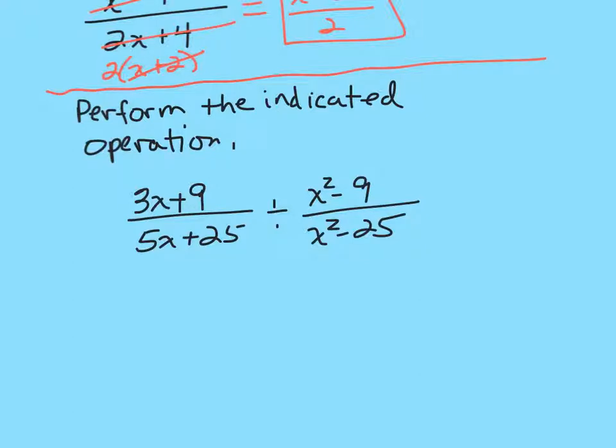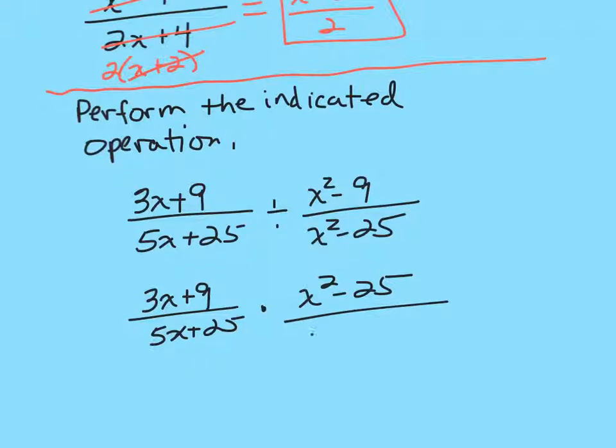So this is a division problem, and we know that when we divide fractions, or in this case rational expressions, we multiply by the reciprocal of the second. So we're going to have 3x plus 9 over 5x plus 25 times x squared minus 25 over x squared minus 9.